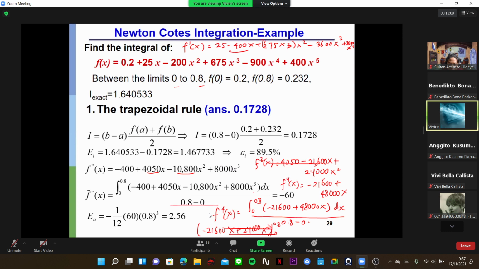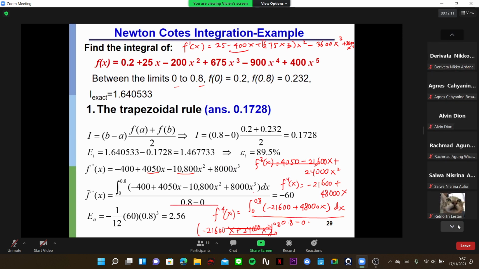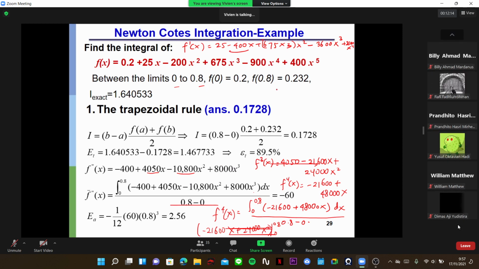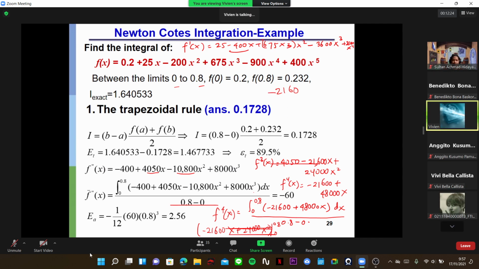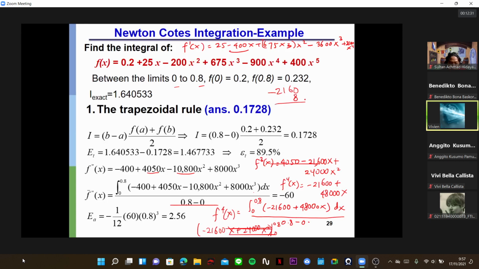If we insert this value of 0.8, then we have 21,600 times 0.8. Can you help with the calculation? That is multiplied by 8, so that will be minus 17,280.